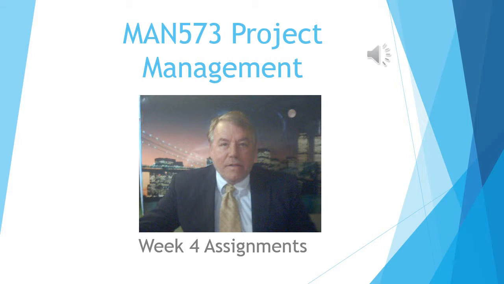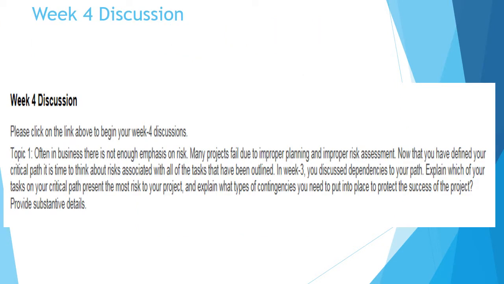We're going to be looking ahead using the project that we've been developing over the past few weeks and now investigating the areas of risk management and risk assessment. So the first assignment has you look at risks and look at your project that you've been working on, and then look at the individual paths, the critical paths through the project.